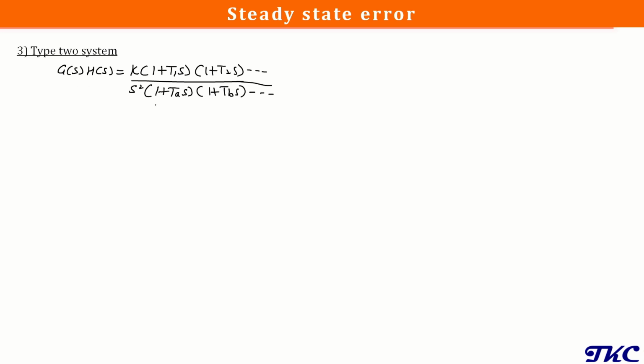We know that this is the transfer function for a type 2 system because we are having two separate s, and that indicates we are having two poles at the origin, and because of that it is called a type 2 system.